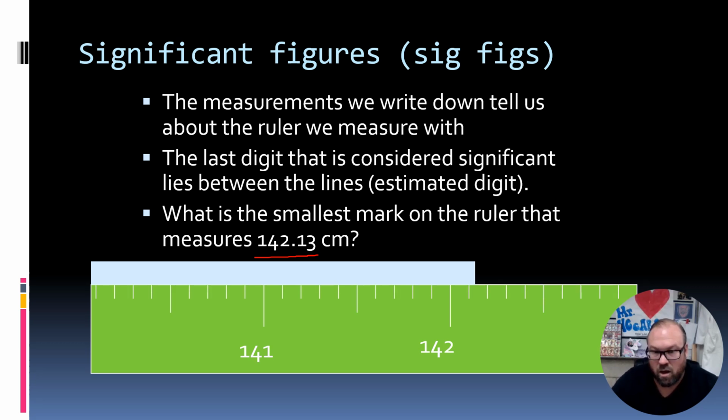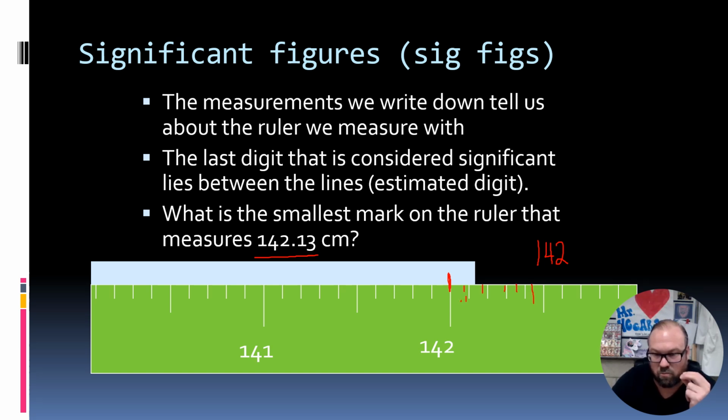Here's why. We know that the lines of measurement, the smallest lines count by ones, the ones position. And we can see this bar absolutely goes beyond 142. So we can say with certainty that 142, 1, 4, and 2, these 3 numbers are all significant. However, do we have little lines counting by 0.1 in this example?